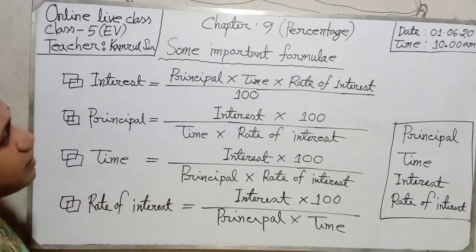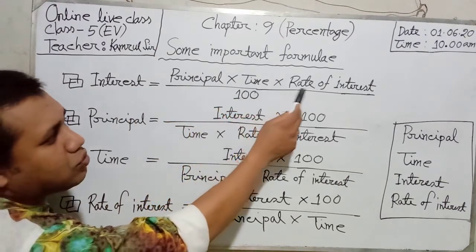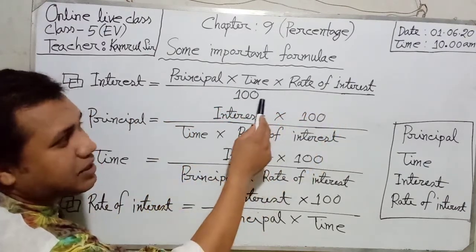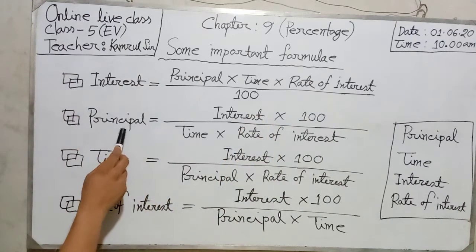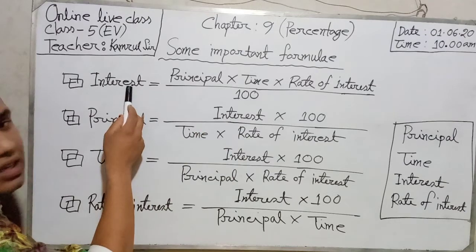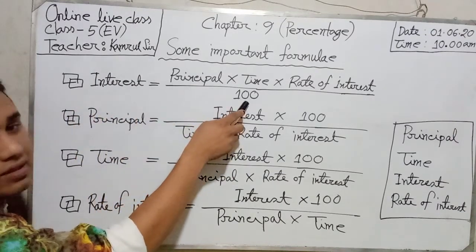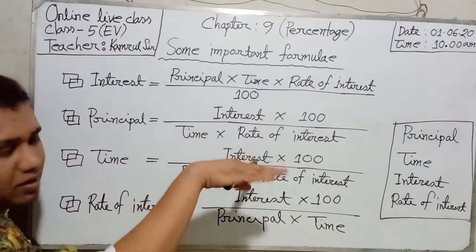So interest equals principal into time into rate of interest divided by 100. Now another principle. Look, this 100 is in the denominator, below, and this is interest, in uppercase. Clear?